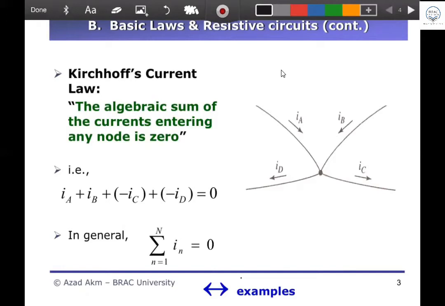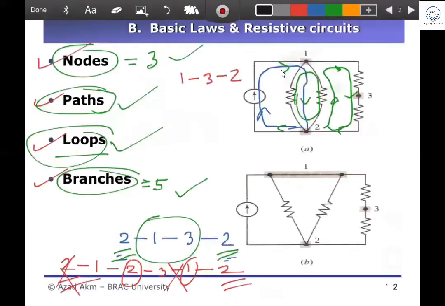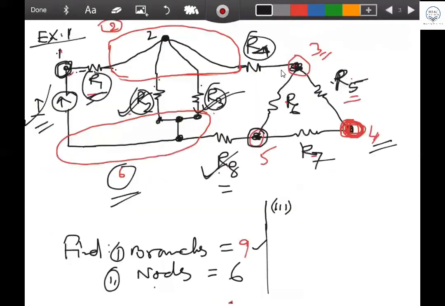The current flowing through this branch is IA, the current through this branch is IB, the current through this branch is IC, and the current through R2 is ID.